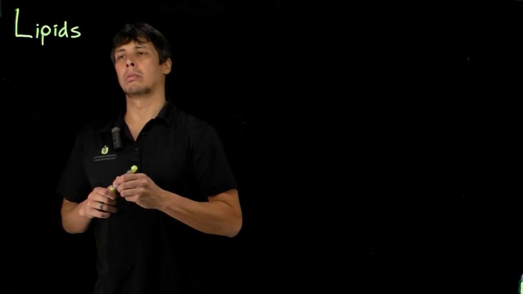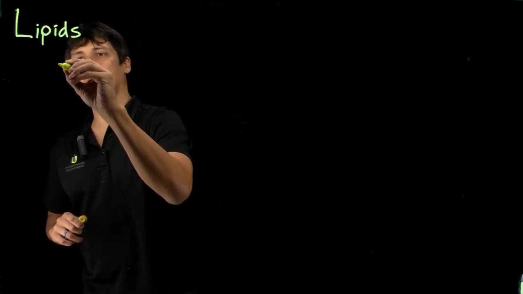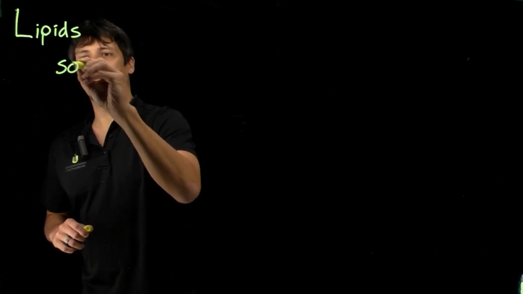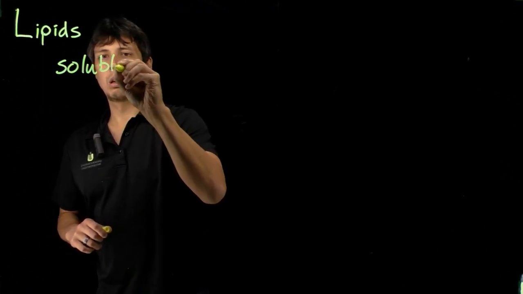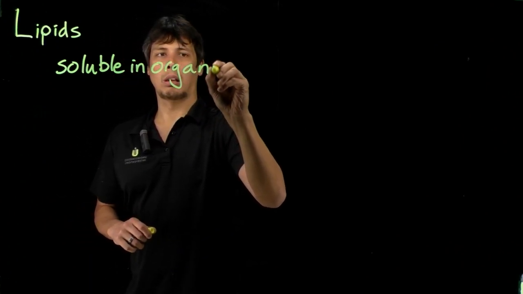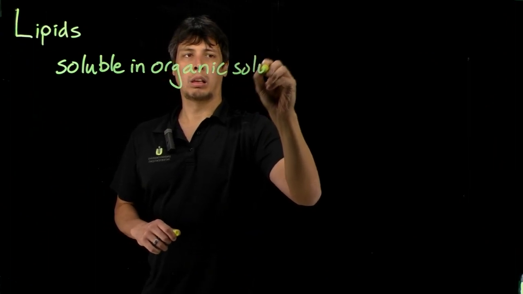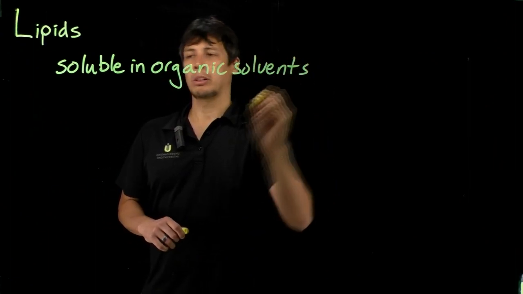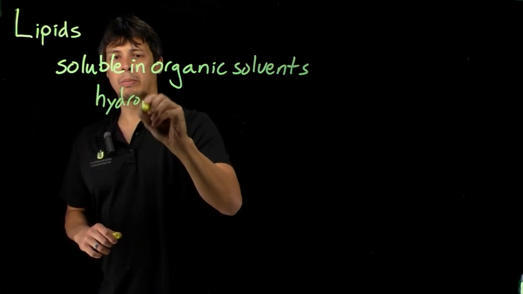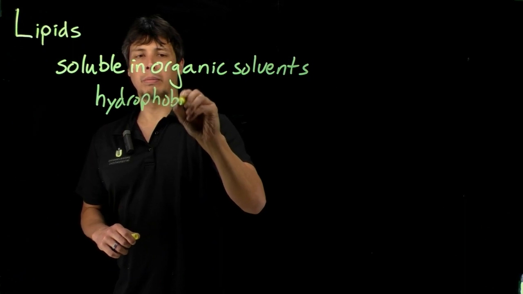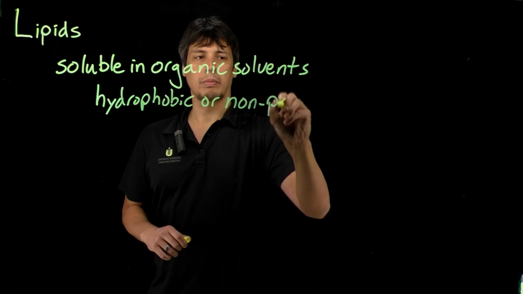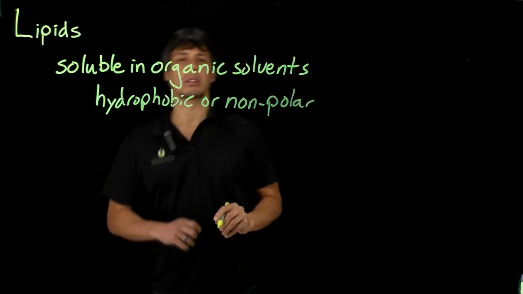And so these are collectively thought of as things in the cell that are soluble in organic solvent, which typically means that they're hydrophobic or nonpolar. Okay, so we're collectively talking about molecules that are important in the cell that are largely nonpolar.